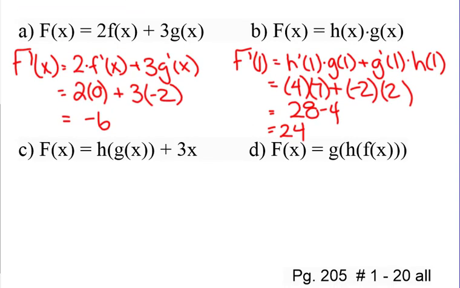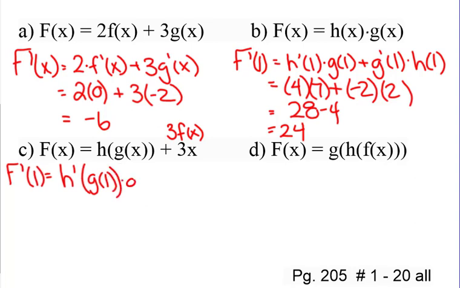All right, our next one, we've got a chain rule plus a power rule. Sorry, this should be 3f of x is what that should be. So our chain rule, well, that's our f prime of 1 is going to be h prime of g of 1 times g prime of 1. So that's our chain rule plus 3f prime of 1.